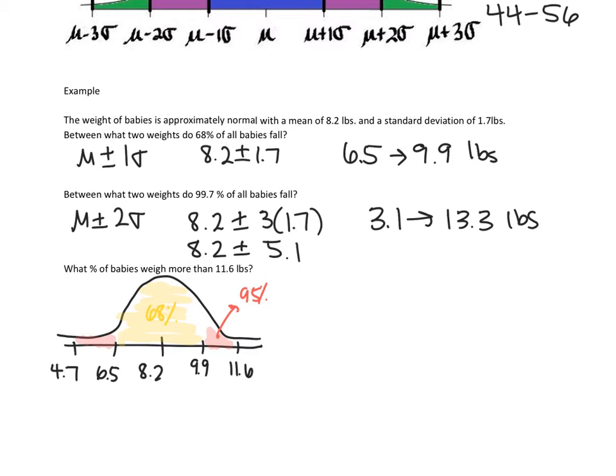So we evenly distribute that, so that means above 11.6 has to be 2.5% of our data, because we have to evenly distribute half of it above 11.6 and half of it below 4.7.